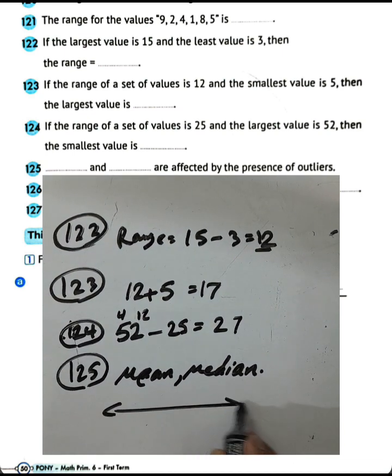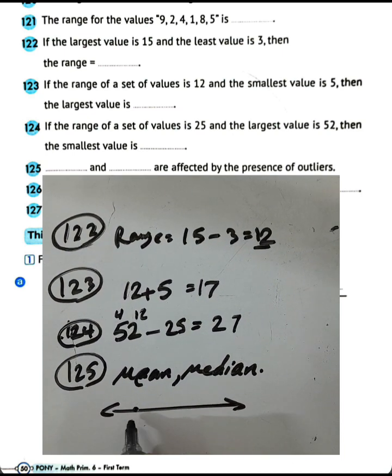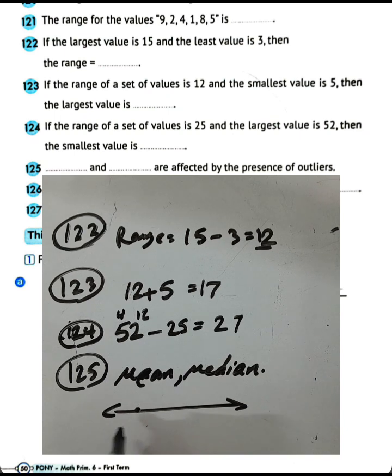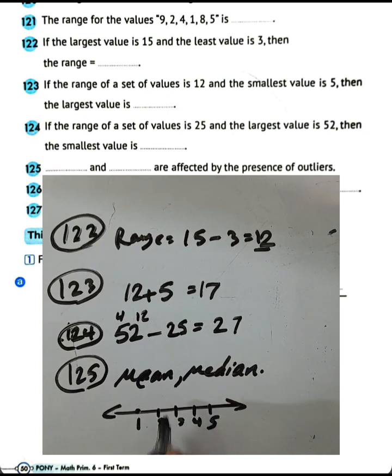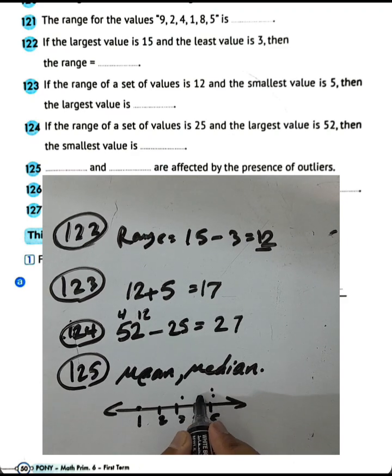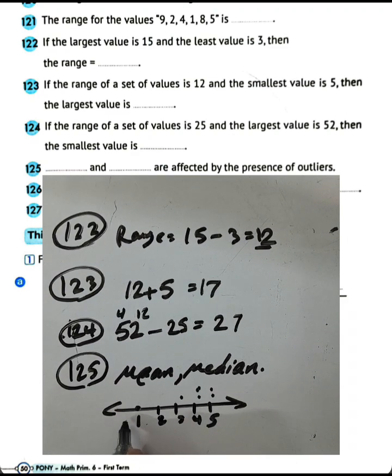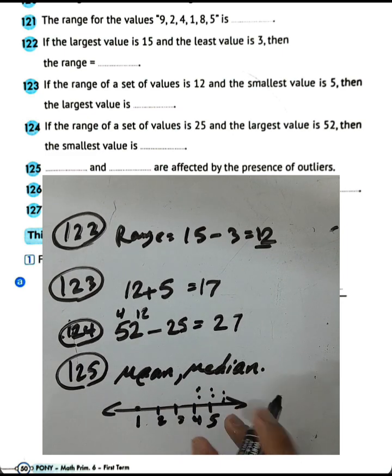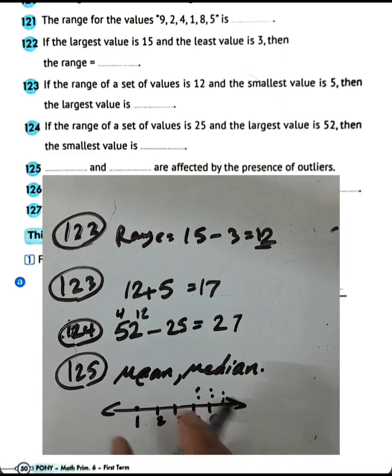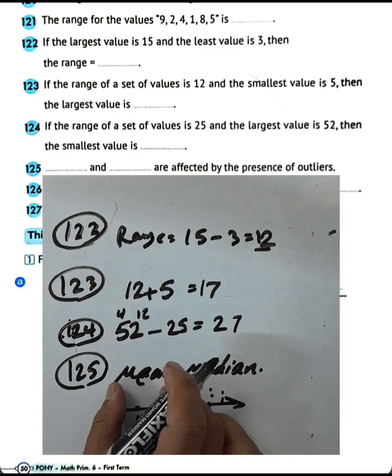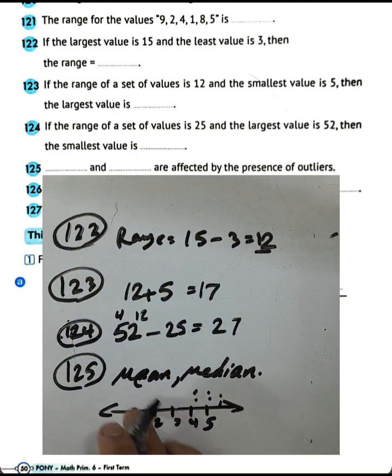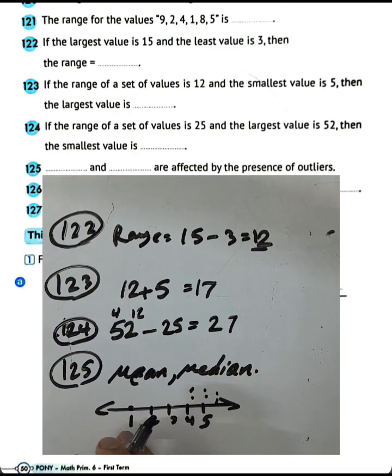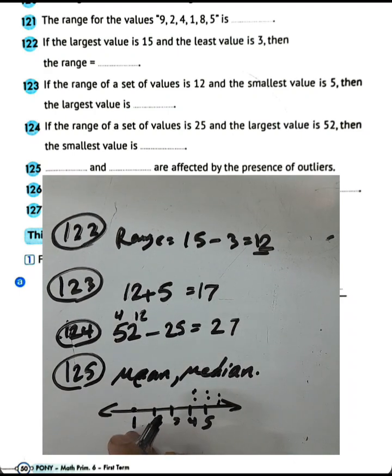What about an outlier? An outlier is a point, say on the left-hand side, such that here we have 1 2 3 4 5 and a lot of points here, and one point is outside. If you find the mean in this example, the mean will decrease because the outlier lies to the left-hand side.